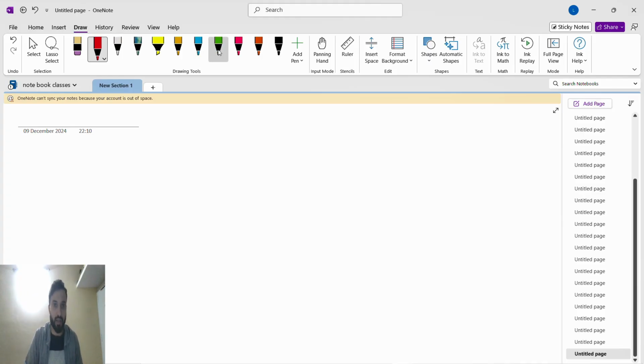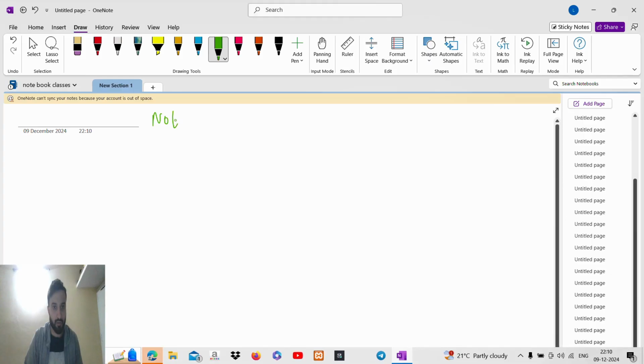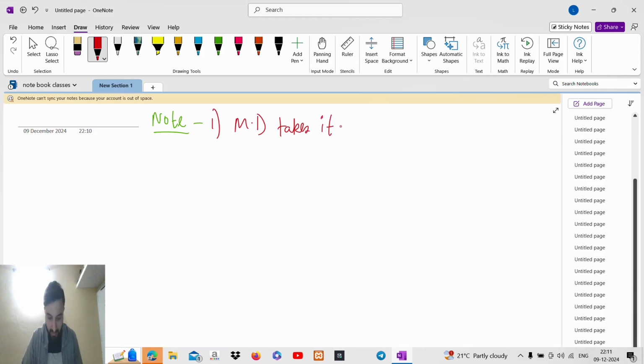Yes. Now again we have to write down the note, as we know that the note is important for the theory point. We will write here: mean deviation takes its minimum value when the deviations are taken from the median.